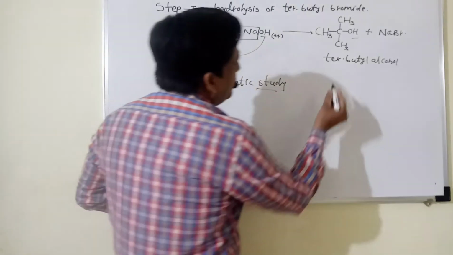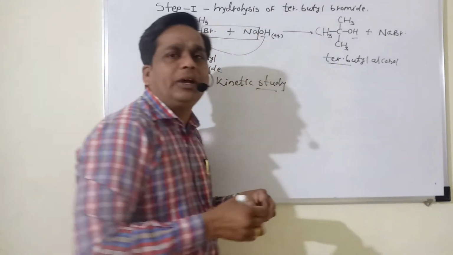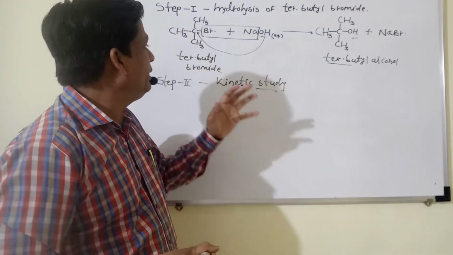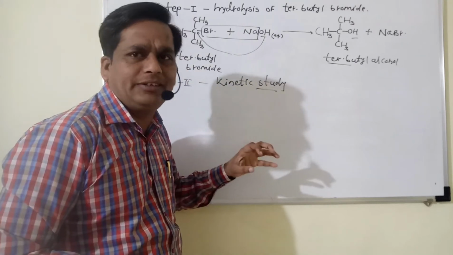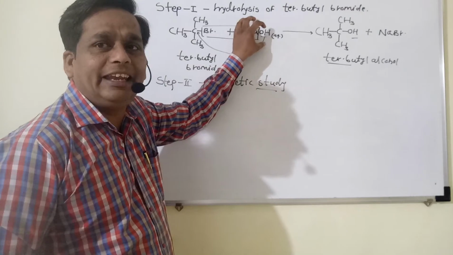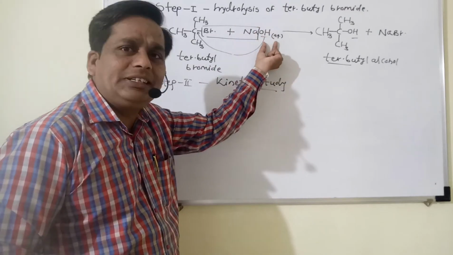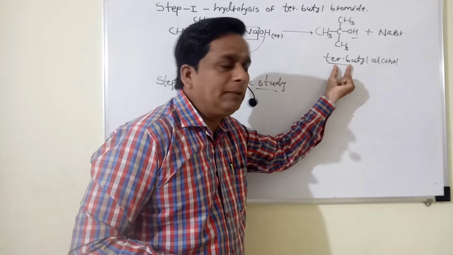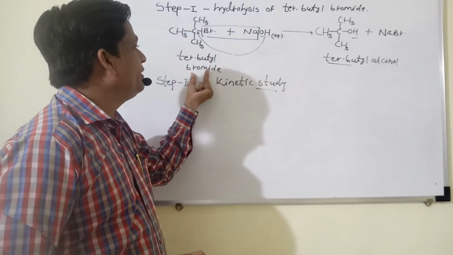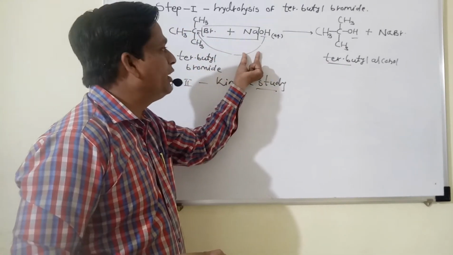That means whatever product we get, tertiary butyl alcohol, depends only on tertiary butyl bromide, not the NaOH, because NaOH is in excess. That's why this product depends only on tertiary butyl bromide.